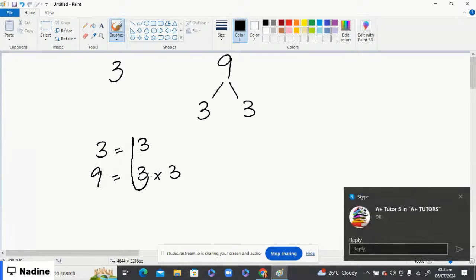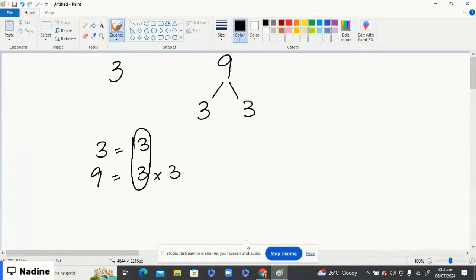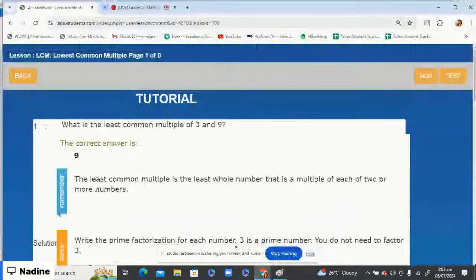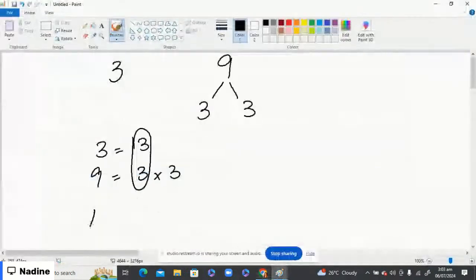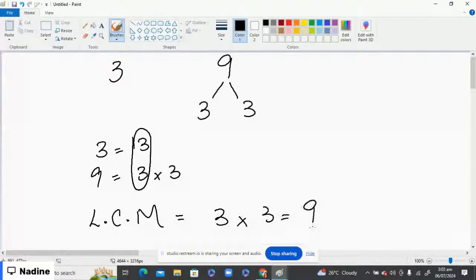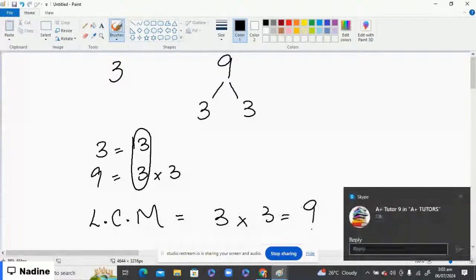This is common and there is non-common. For the least common multiple, we multiply the common by the non-common, that is 3 times 3, which is 9, and that is your answer.